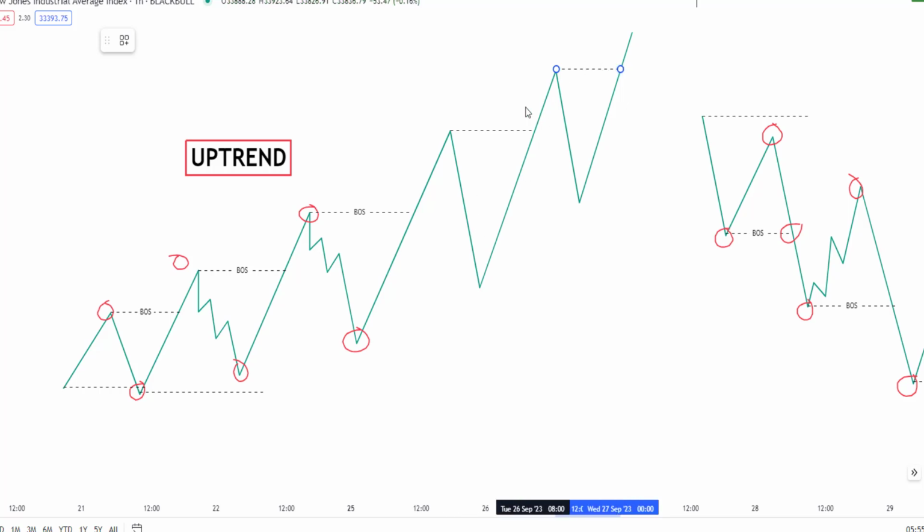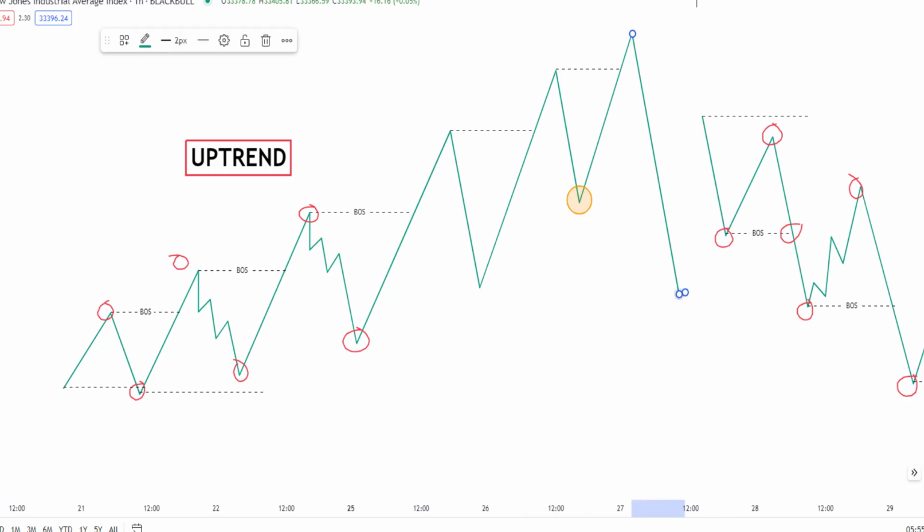Now at any point when price could not make another higher high, and then it crashes down into this area, where we can see price closing below this last higher low, we will say we have a shift in market structure, or what other people call a change of character.